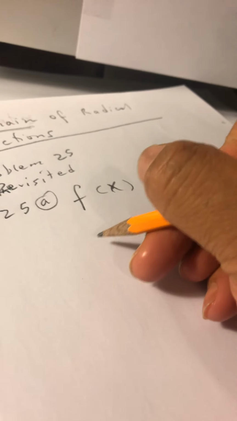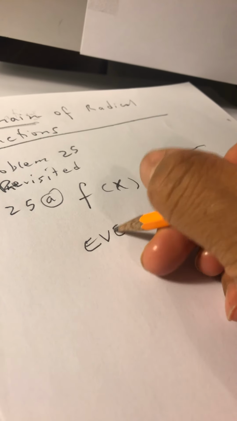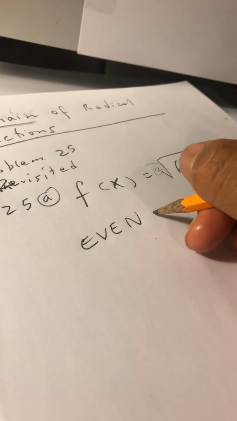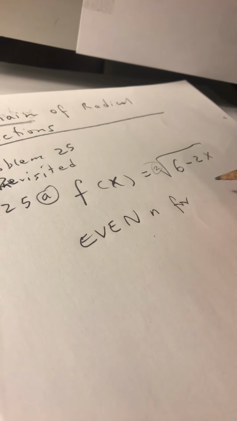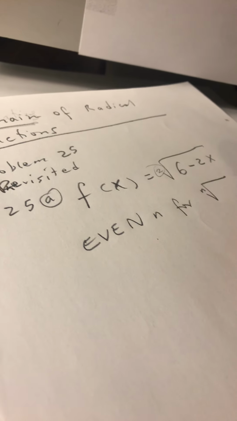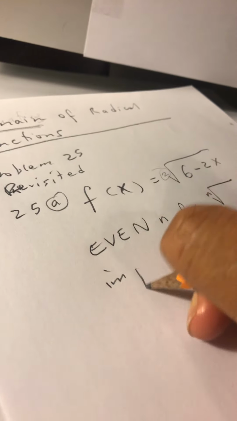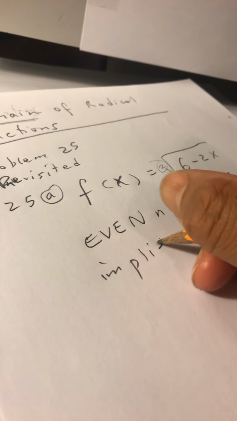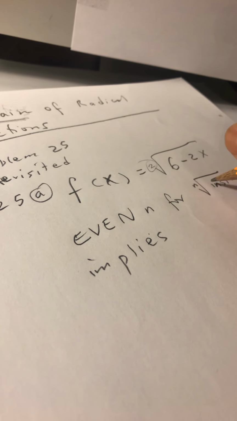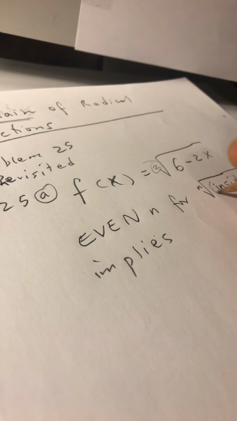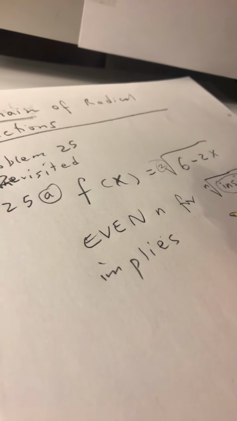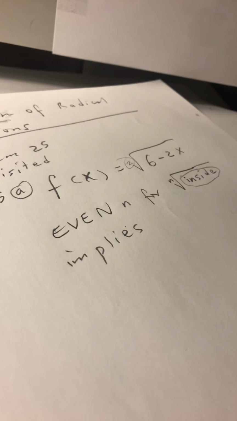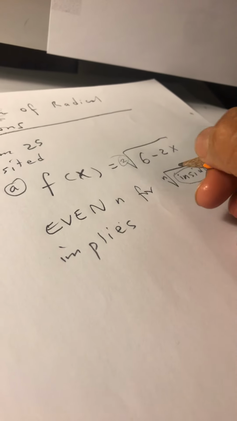And if the radical is even, I want to write here inside. So what does that mean for even, and for you to have a domain that makes sense for real numbers?